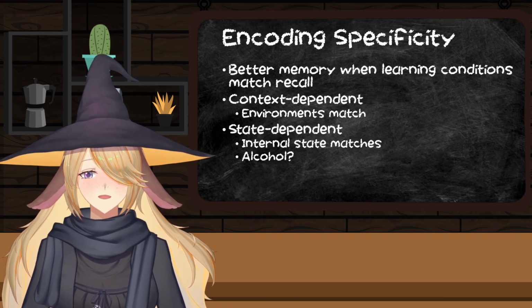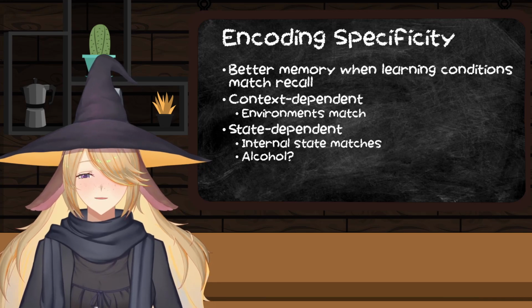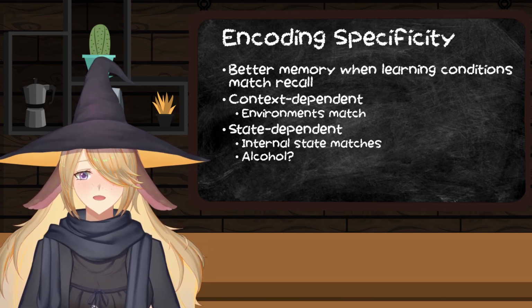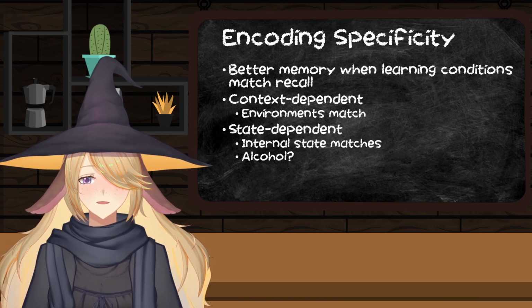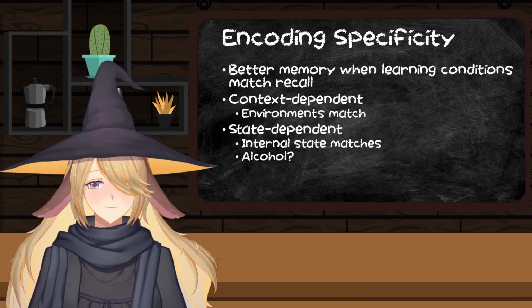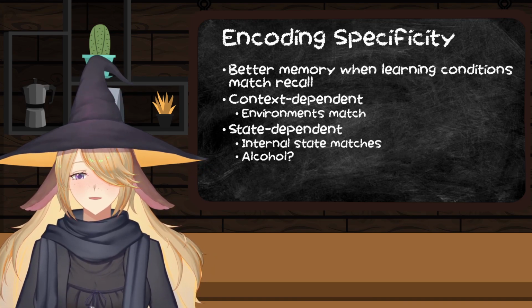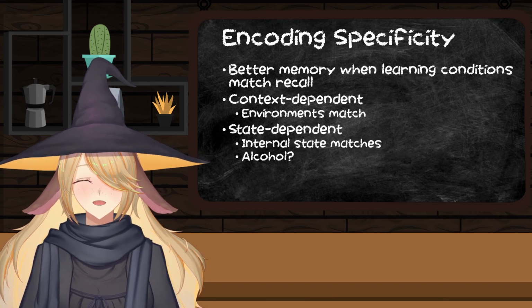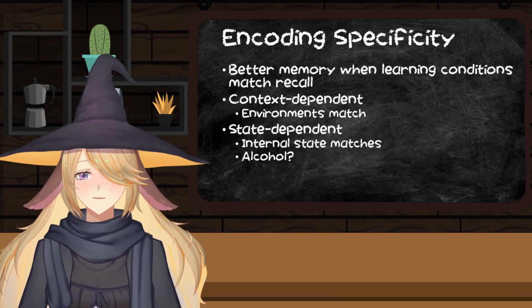Now, there is another bit here, and people tend to do better and recall information better when their internal states match. If you've ever seen the movie Beerfest, they have a whole arc about this. I can't show the clip on Twitch, but in the setup of the film, they can't remember how to get to where the competition is being held.